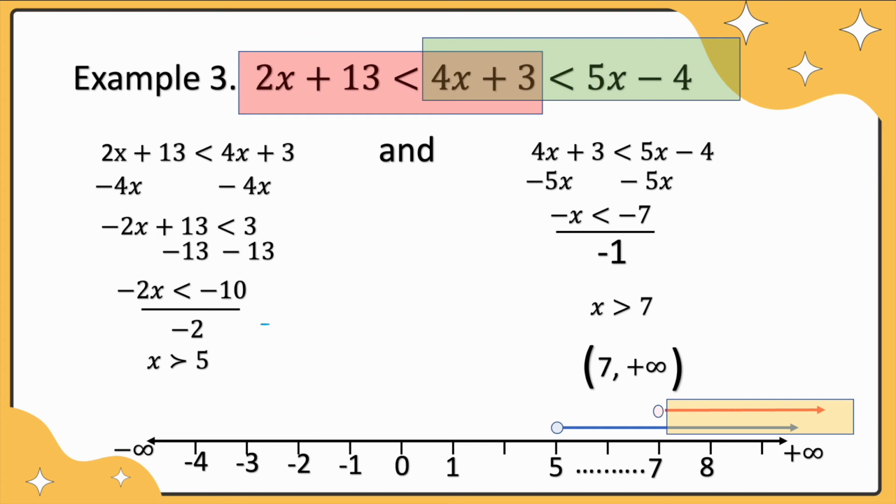So this example is different from our previous example in terms of the solution. In this case, we only have the second part of the inequality to represent the solution, which is x greater than 7. That means this inequality is true for all values greater than 7, that goes to positive infinity.